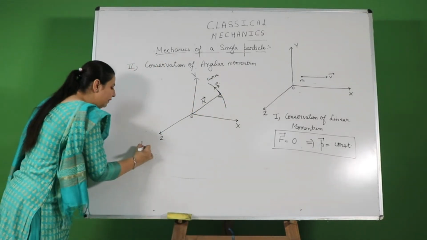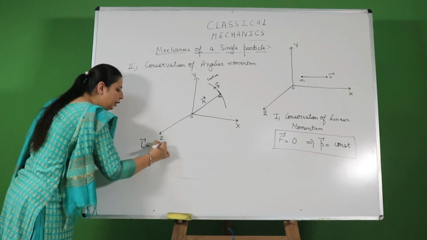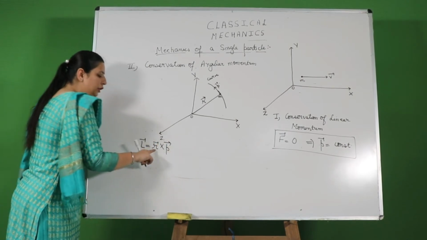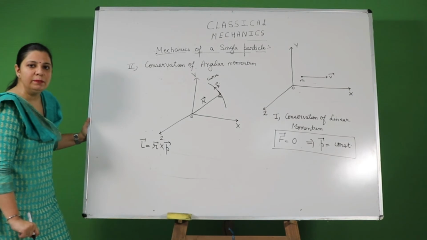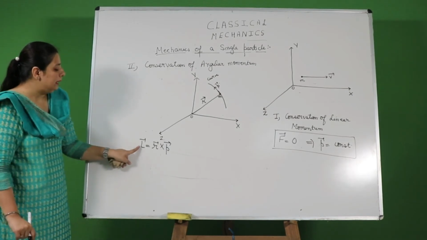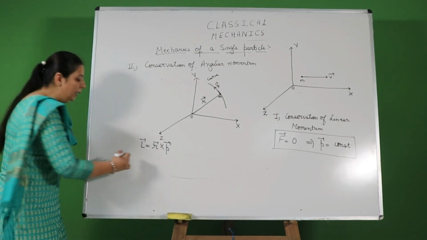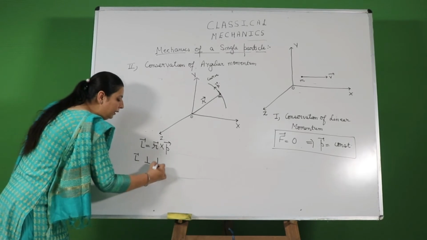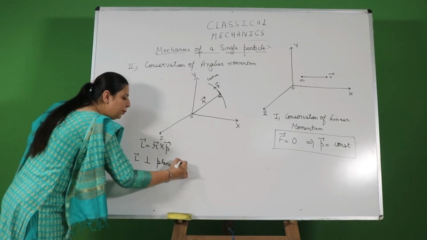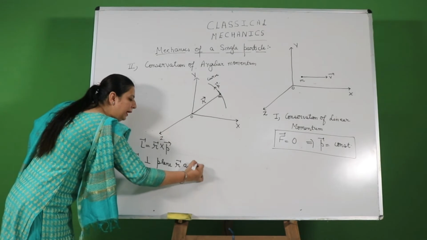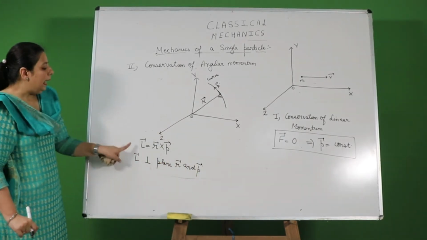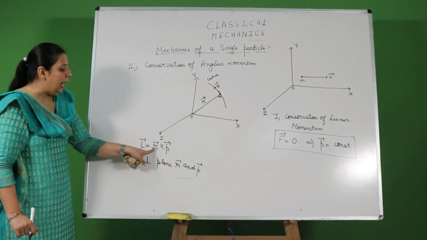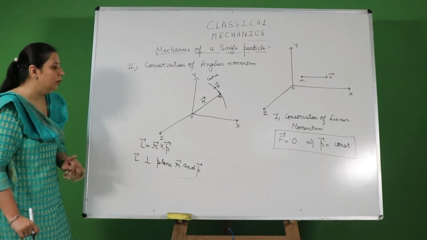And L is given as cross product of position vector with the linear momentum vector. We all know that direction of L will be perpendicular to the plane which has both r as well as p. So L will be in the direction r cross p, perpendicular. Okay.